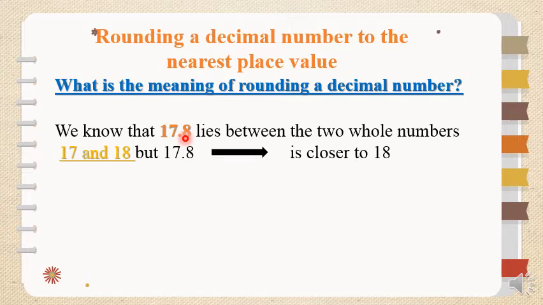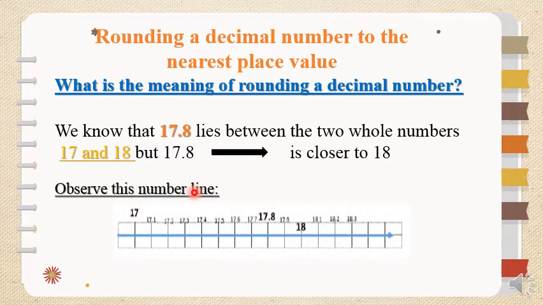So you can say that I took approximately 18 over 20. What did I do? I made rounding for this number.